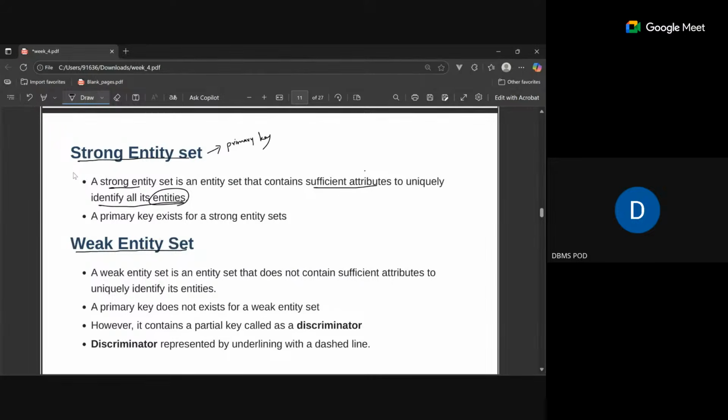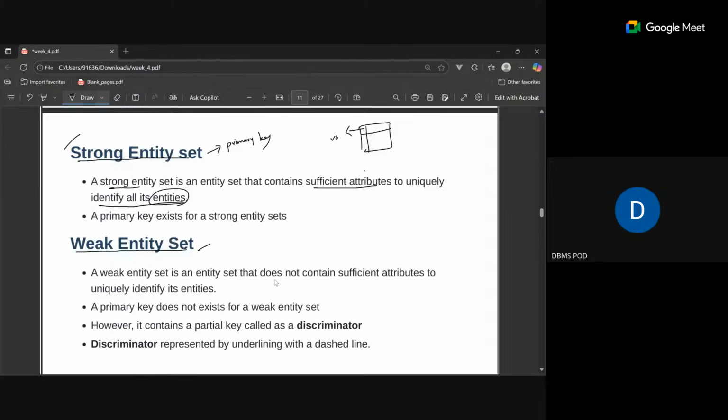If you consider it as a table, it should have some primary key to uniquely identify all the rows. Yes, sir. So if there is a primary key to uniquely identify, that is considered a strong entity set. And a weak entity set could be a table which may not have a primary key.